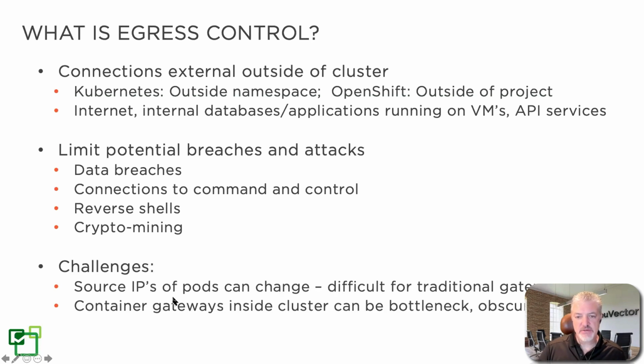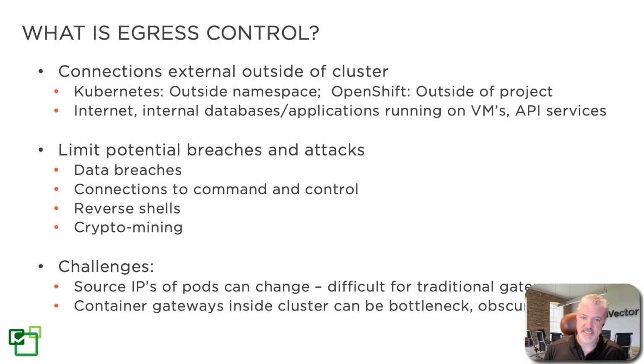The challenges for egress control run parallel with the challenges of Kubernetes networking entirely. The source IPs of pods can and do change. In fact, I have even seen where IPs are being reused, where you're in a cloud environment and they're cycling through IP addresses within a particular range, and the same IP address comes up 2 months from now.